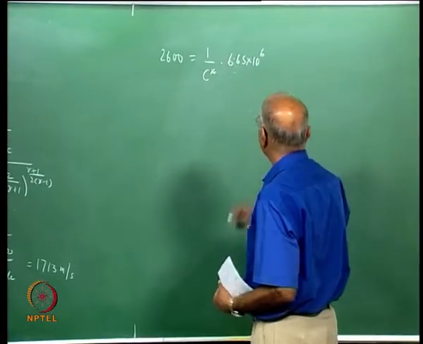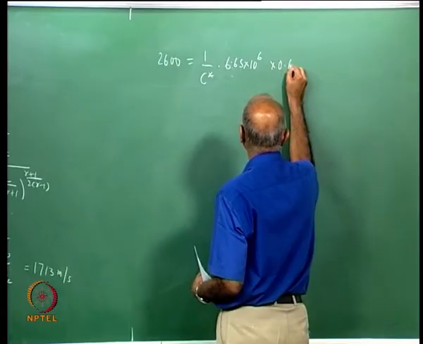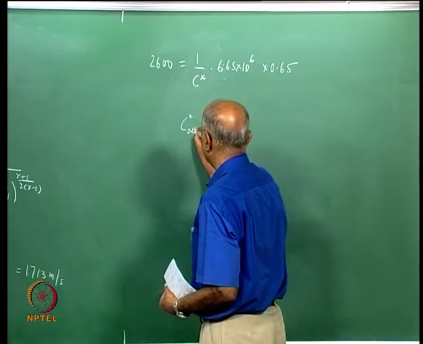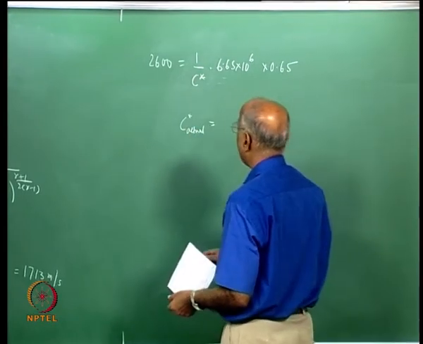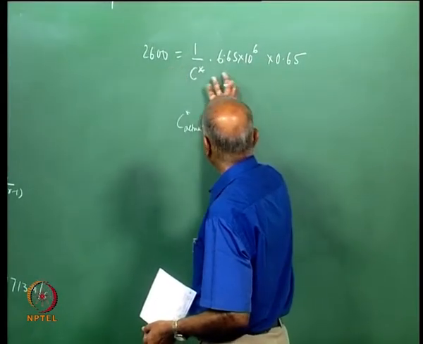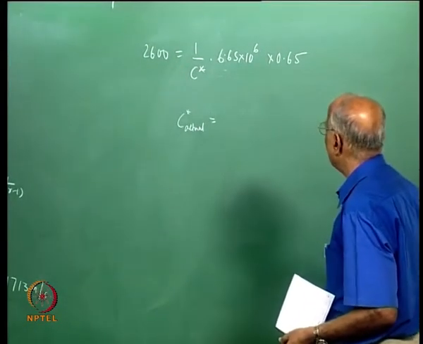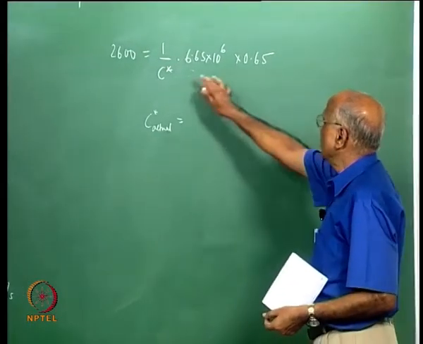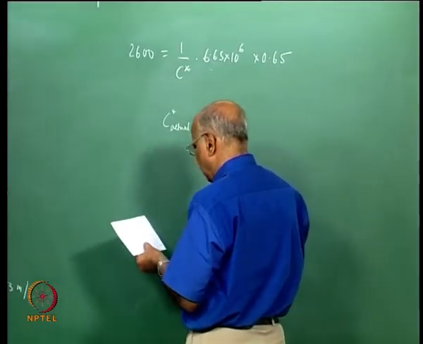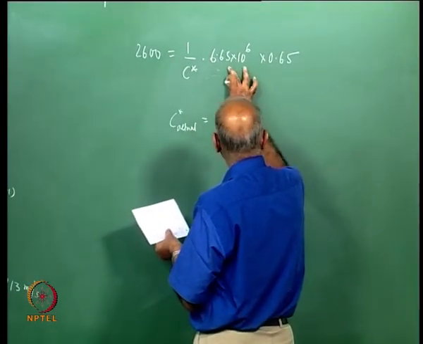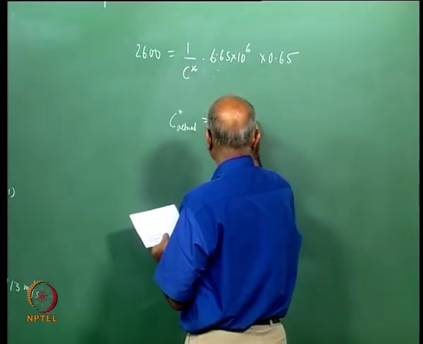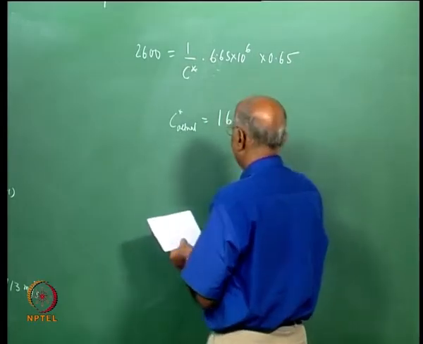AT is given as 0.65, and therefore the value of C star actual I calculate from this. C star will come out to be equal to this divided by 2600, which is 6.65 into 10 to the power 6 into 0.65 divided by 2600, equal to 1663 meters per second.